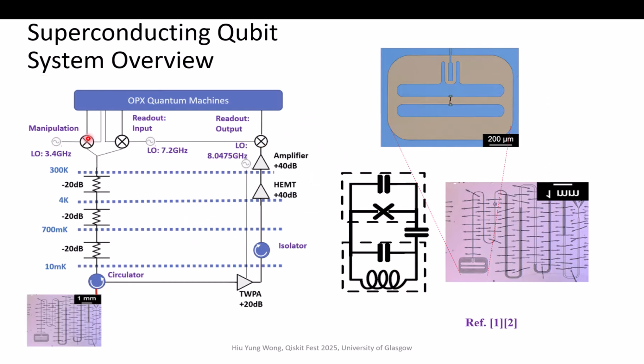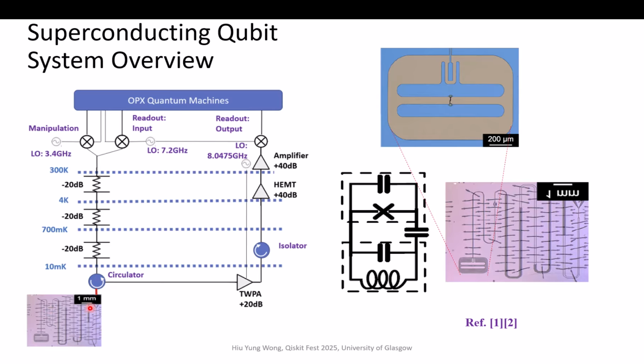And they will go through a mixer that will bring it to a higher frequency and send it to the dilution refrigerator, from 300 kelvin all the way to 10 millikelvin. In this process, you will attenuate the thermal noise from room temperature, and eventually you control the qubit.